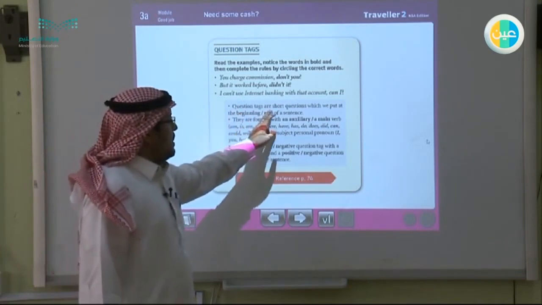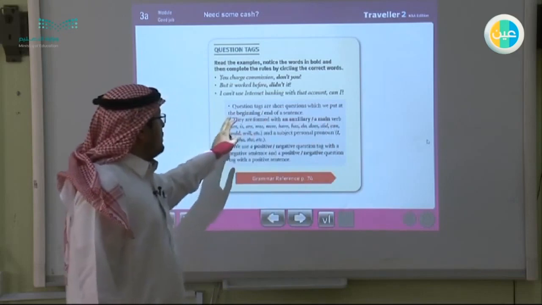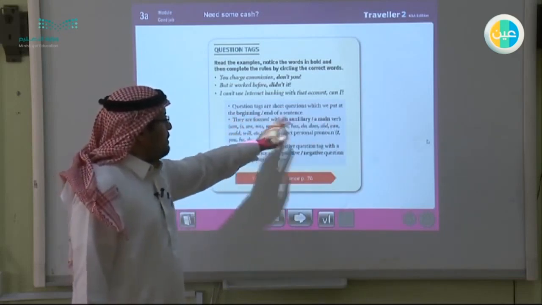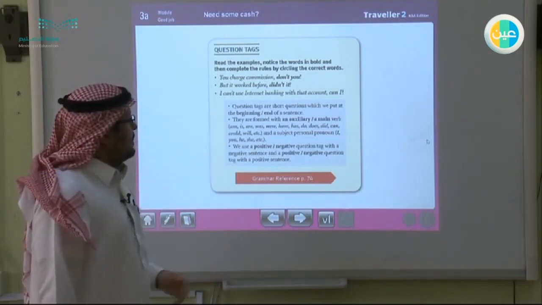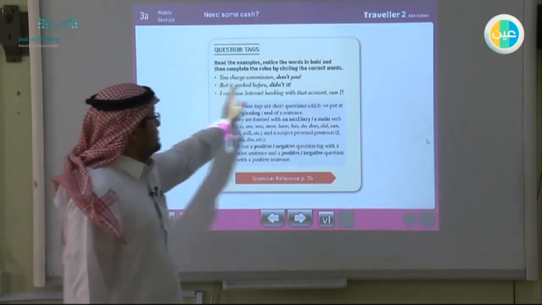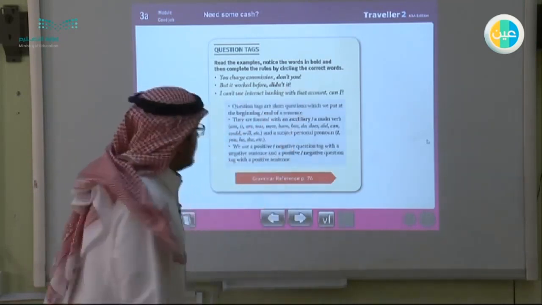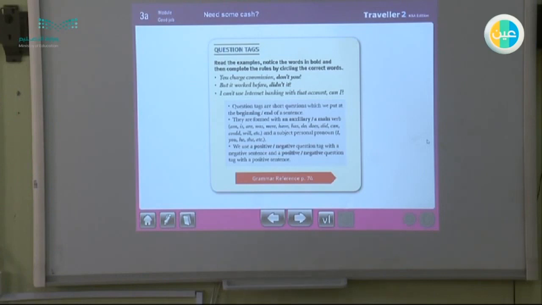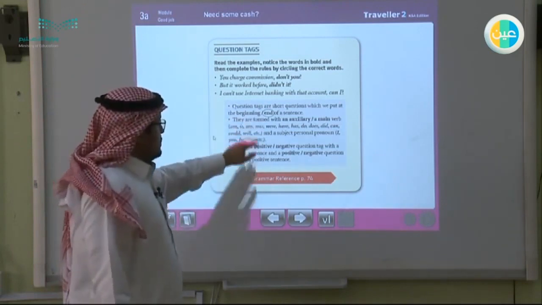Question tags are short questions which we put at the beginning or end of a sentence. What do you think? Is it at the beginning or at the end of the sentence? As you can see here, the question tag came at the end of the sentence.